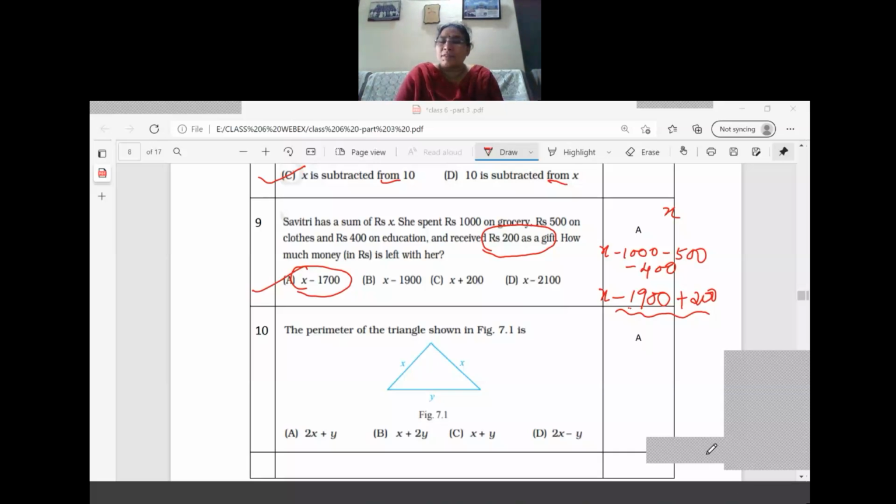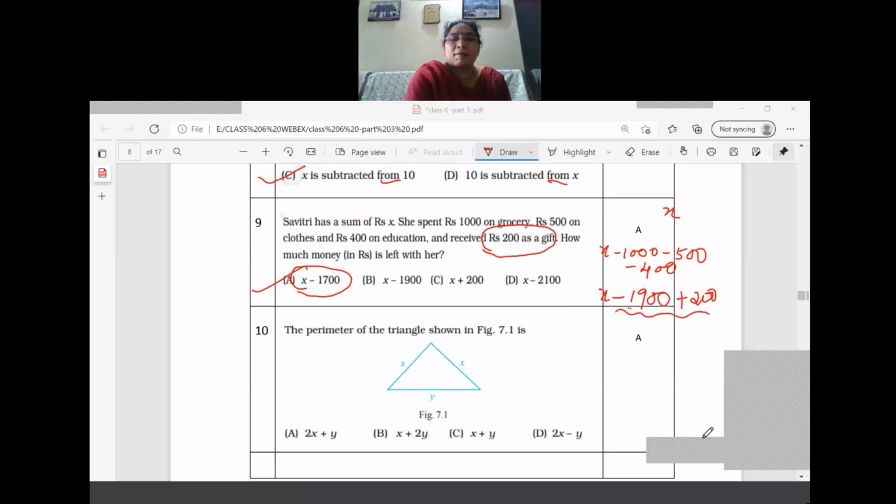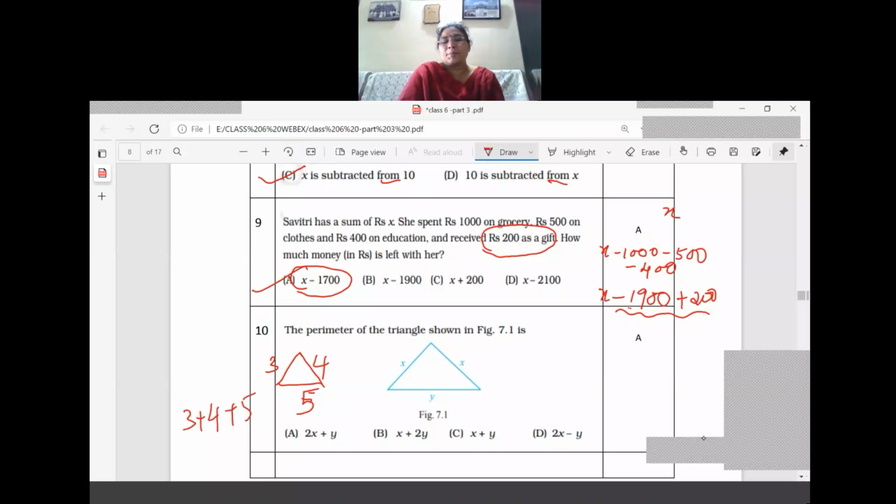So when we have three sides, for example a triangle with sides 3, 4 and 5, to get the perimeter we will add 3 plus 4 plus 5. What is the answer? 3 plus 4 is 7, 7 plus 5, we will get 12.